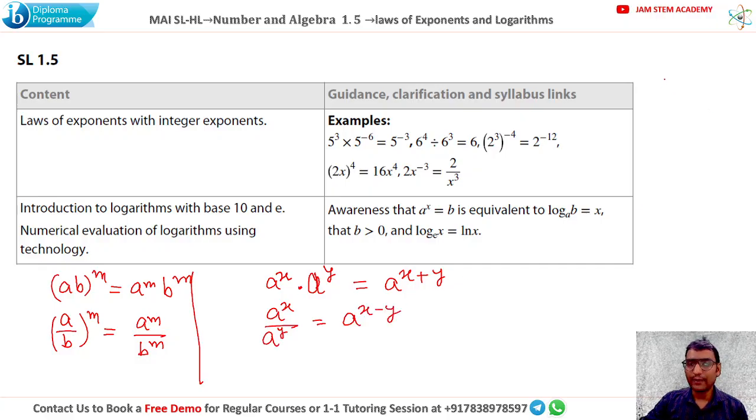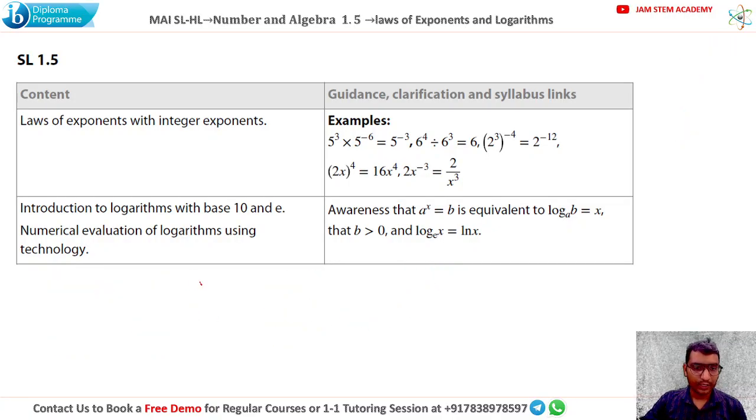If you have something like a^b, here a is the base and b is the exponent. Now, if you have an exponential function like a^x equals y, another way to write the same thing is in logarithmic form.